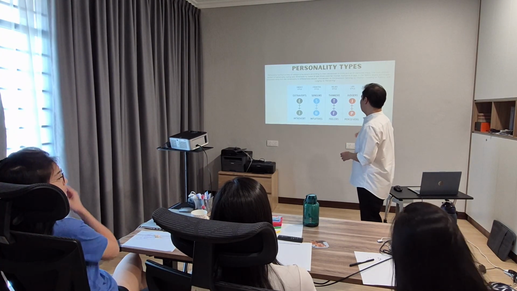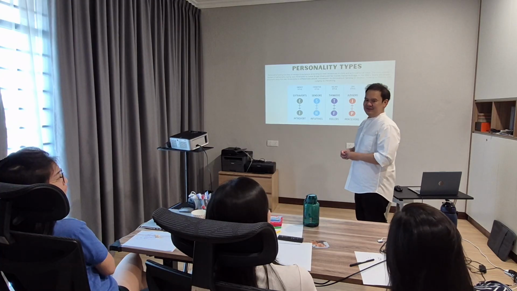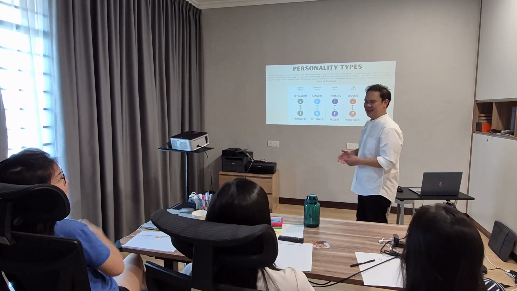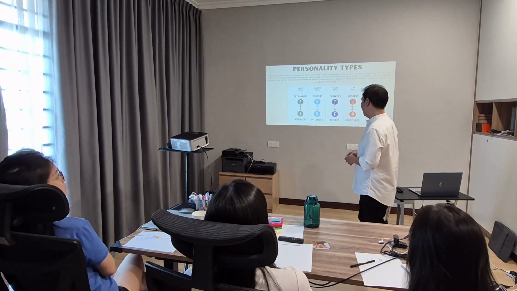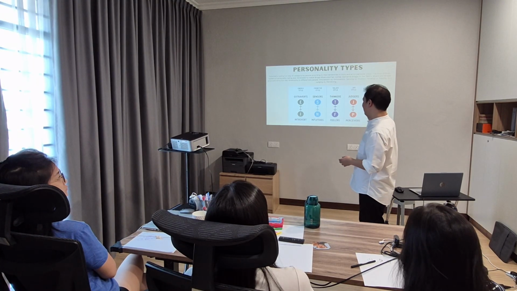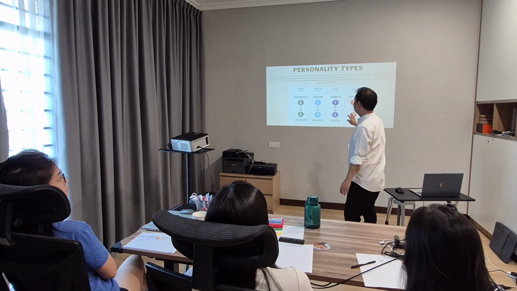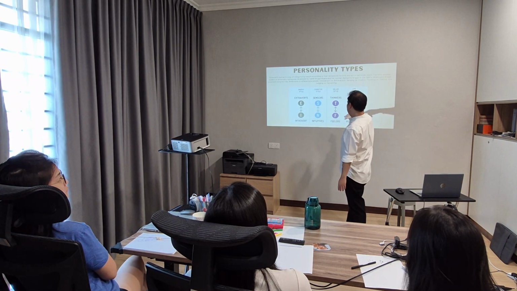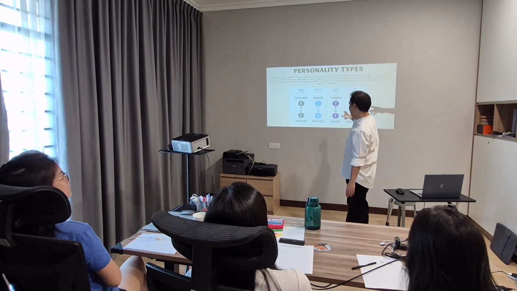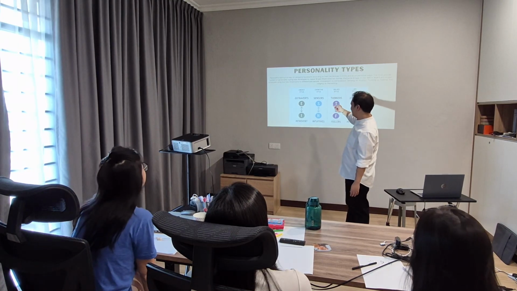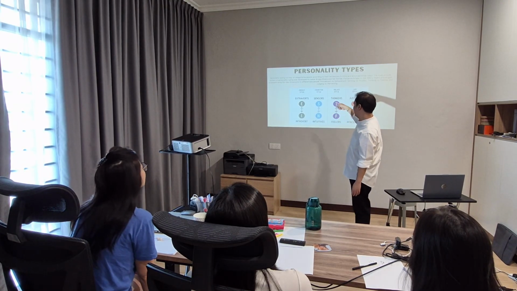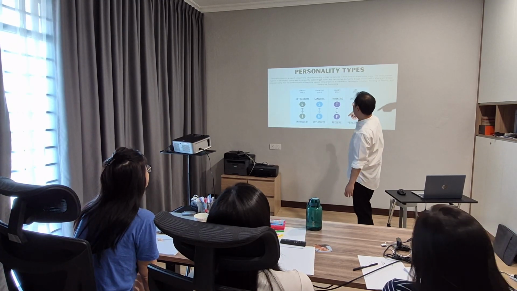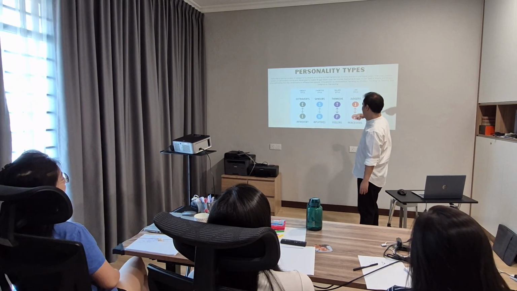And the fourth dimension is lifestyle. Lifestyle is more like how you go about your day-to-day, everyday life. Okay, any questions on this? So there are 4 dimensions, and in these 4 dimensions, there are 2 different spectrums. For your energy style, you have extrovert and introvert. For your thinking style, you have sensors and intuitors. For your decision making, you have thinkers and feelers.